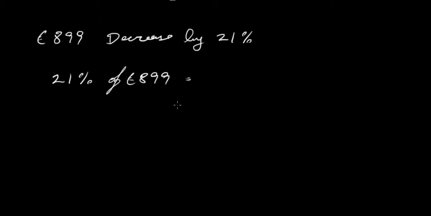Okay, so if we do that, we should get, let's see, 21% of 899 euros is 188 euros 79 cents. So if we want to decrease this, we need to subtract this time. So we're going to take our 899 euros and subtract 188.79.